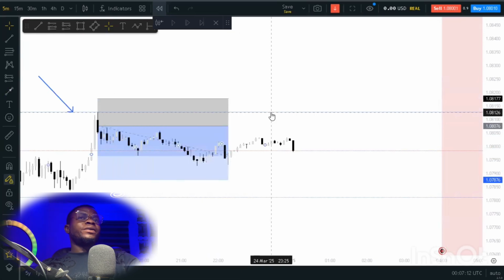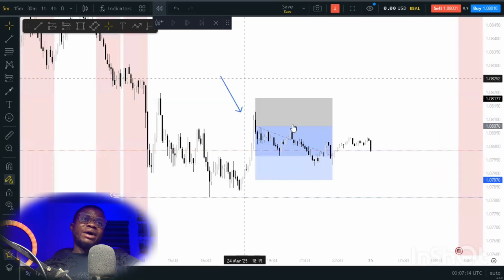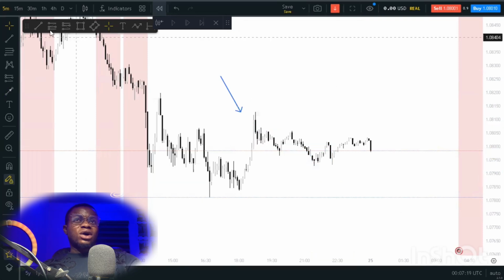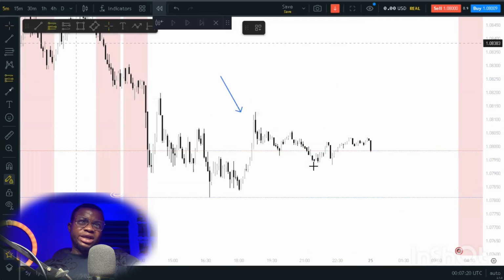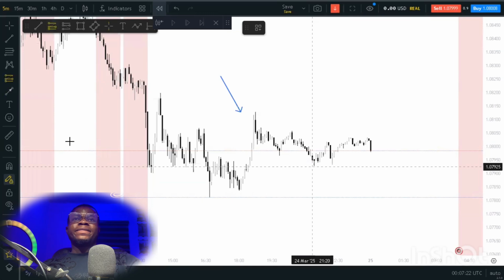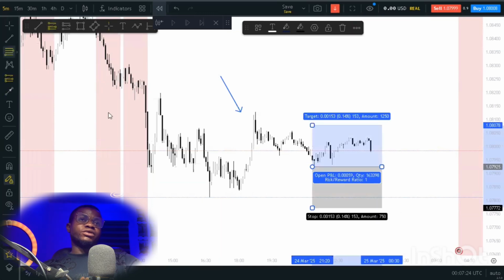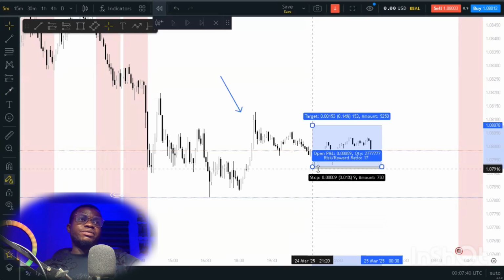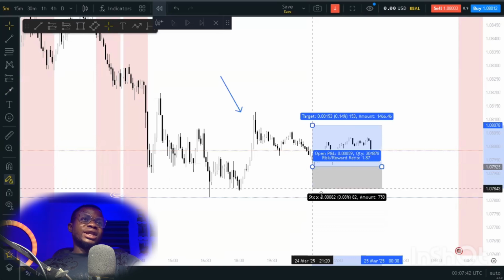That's all. The same thing applies if you are buying. Once you are convinced that you have to take a buy trade here, once you click buy, you calculate your stop loss by identifying your entry price, 1.079. Let's say your stop loss is 10 pips, it is 924. So you subtract, so it's going to be 824.